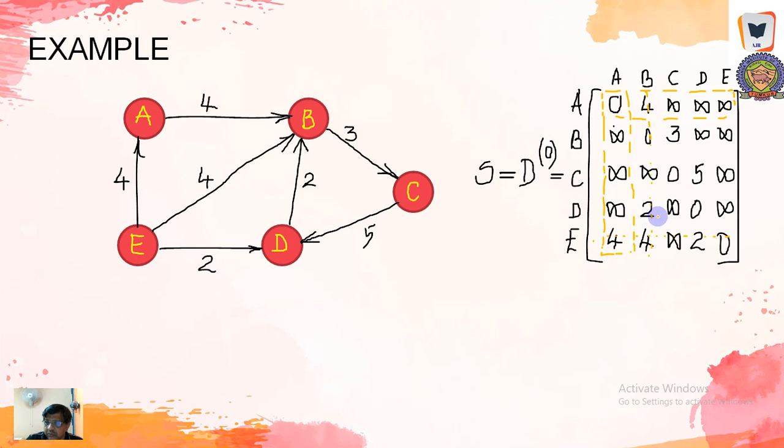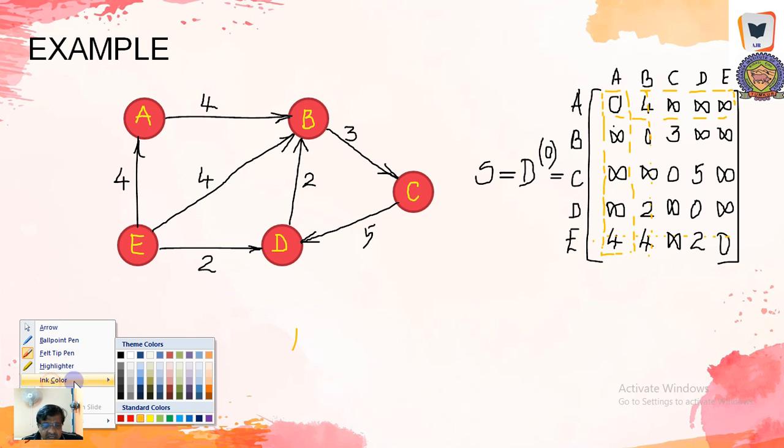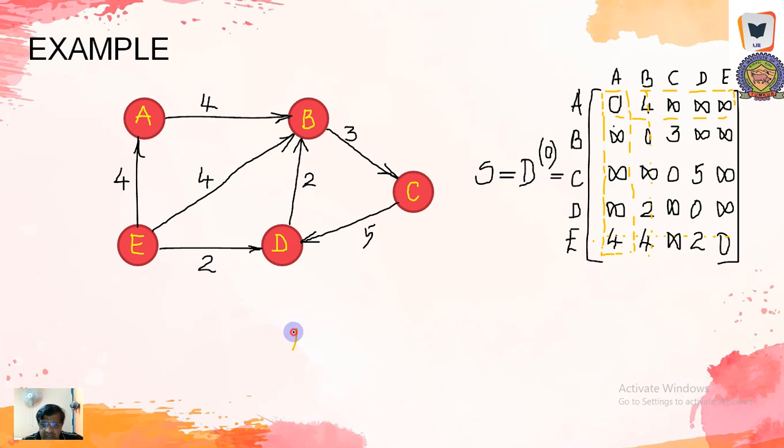This happens to be 4 plus 4, 8 it should have become, but the already available distance is 4, therefore it will be retained as it is. So there is no change as far as d1 is concerned. So d1 remains to be d0 only without any changes.